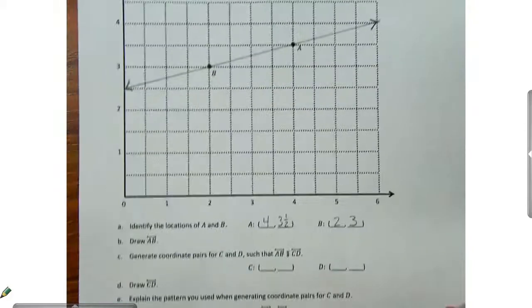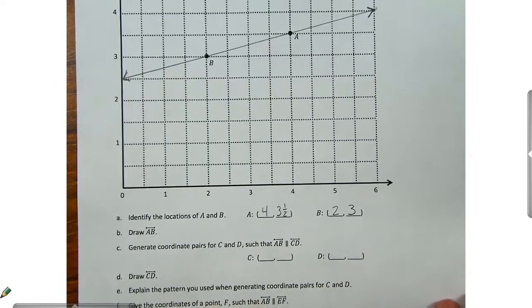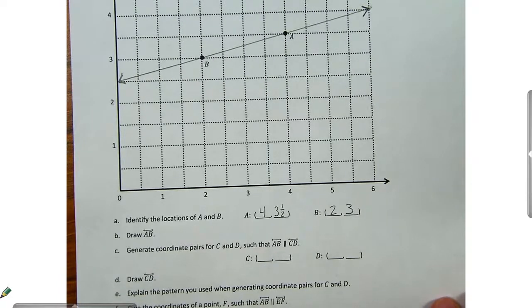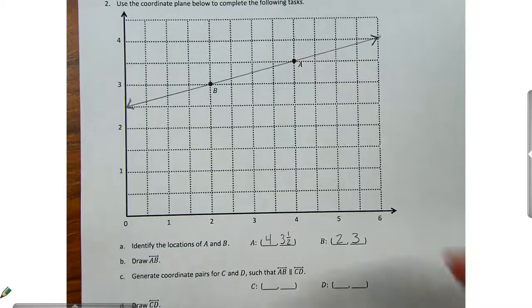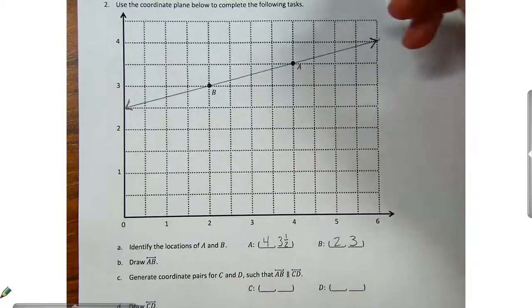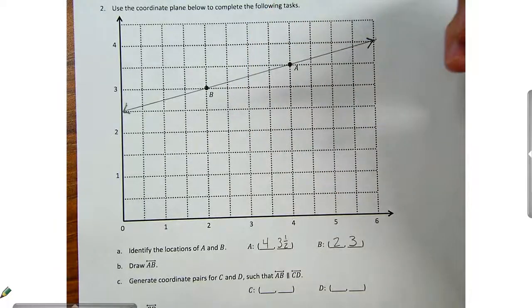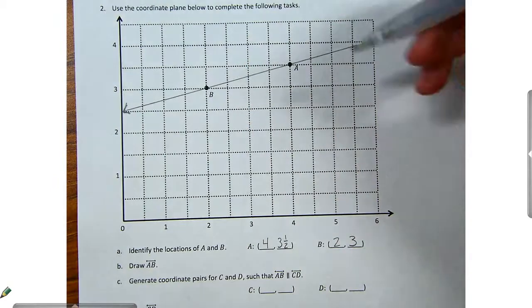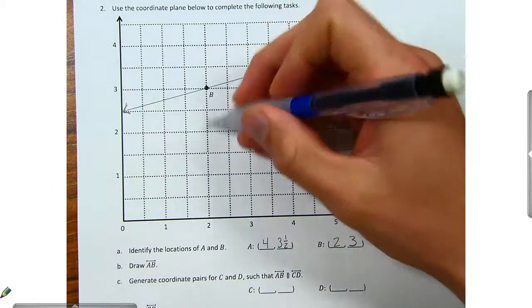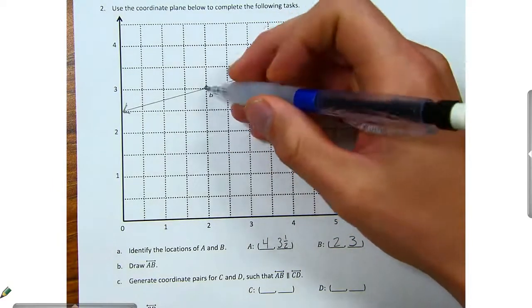It says generate coordinate pairs for C and D such that AB is parallel to CD. So we have to make a point C and a point D. If we want to make those lines parallel, again, we want to move the same distance down on our coordinate plane for each point.